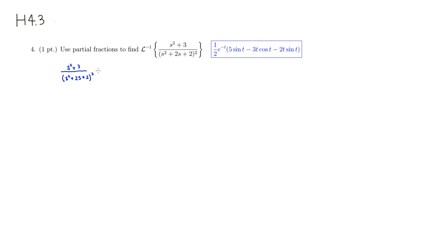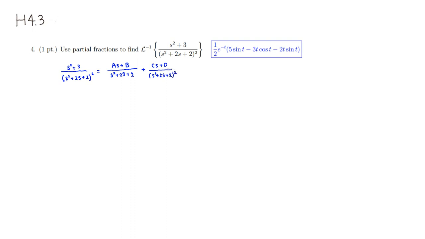We can split this into (as plus b) over (s squared plus 2s plus 2), plus (cs plus d) over the same thing, but we have to square that. So we have the quantity squared.